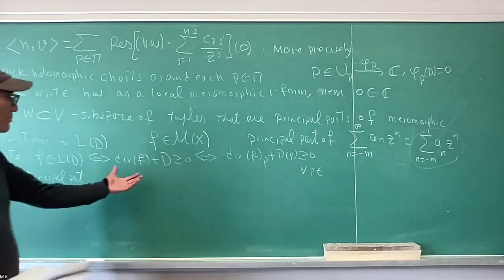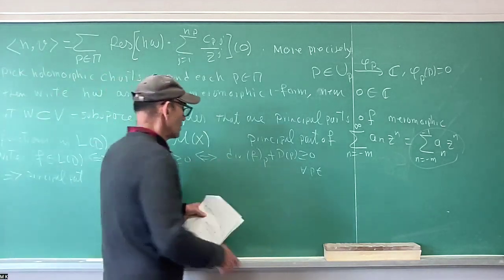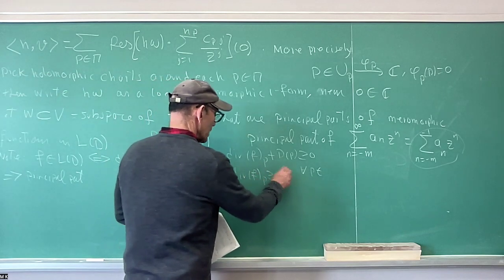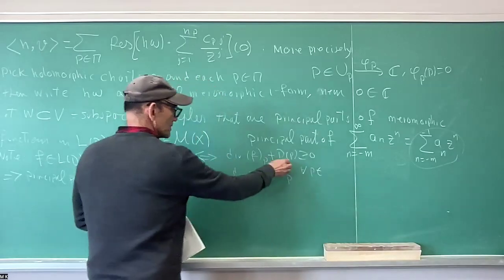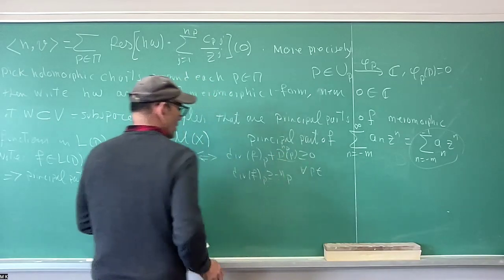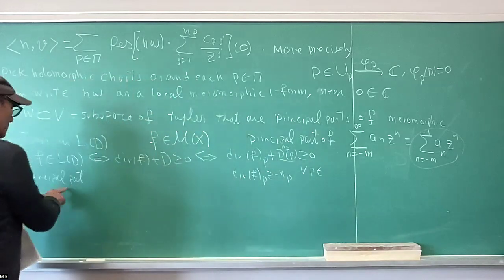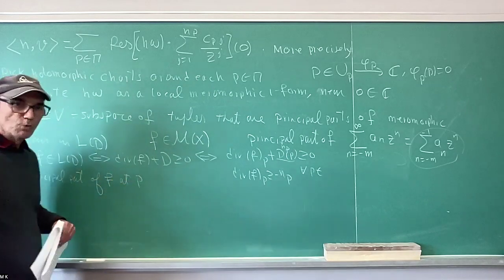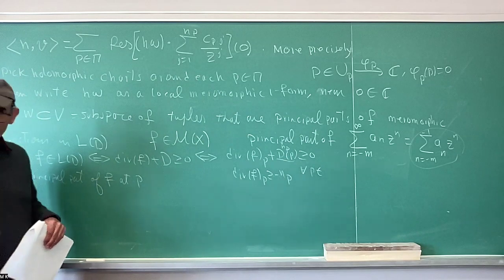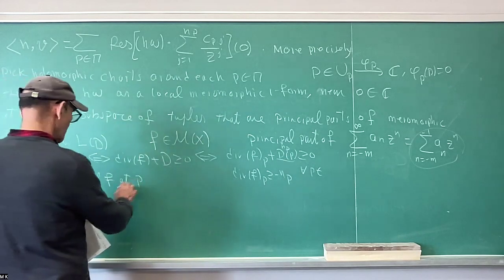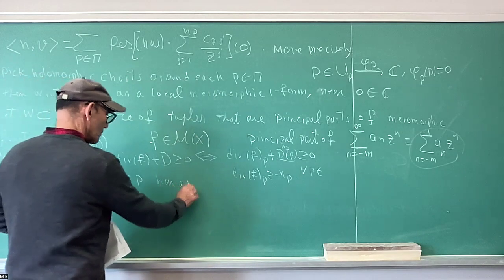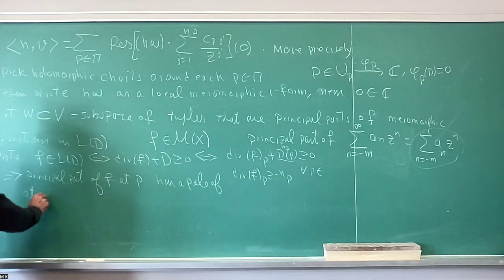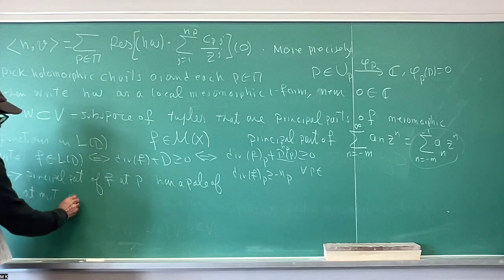And you have to see that from this condition, you see this divisor of f at p is bigger than or equal to minus n_p, because this is n_p, right? This implies that the principal part of f at p has a pole of at most that degree in p.